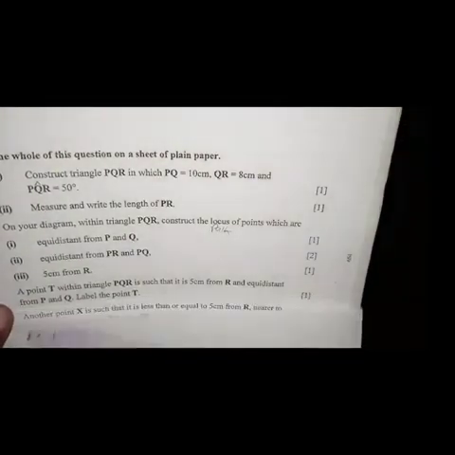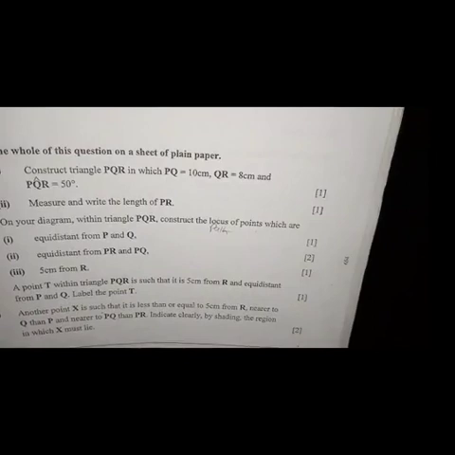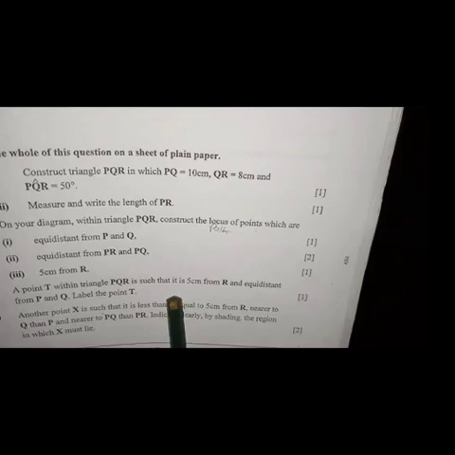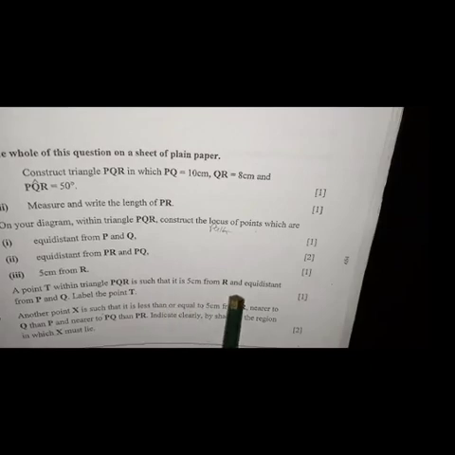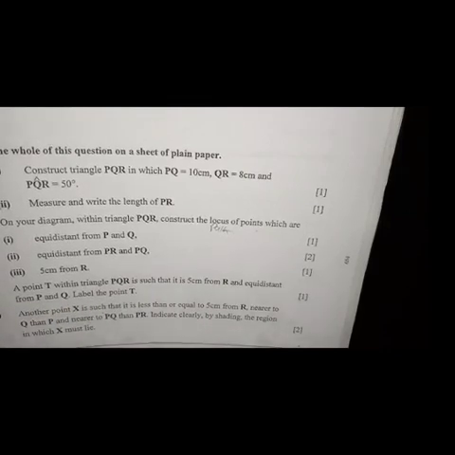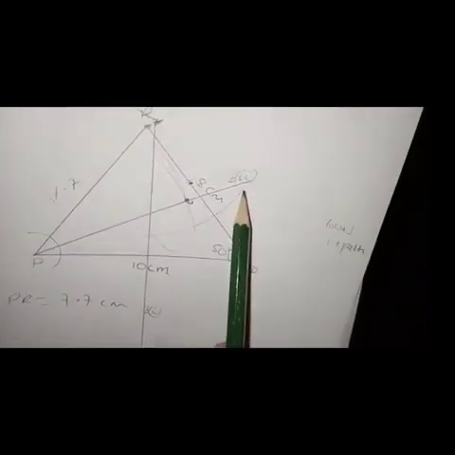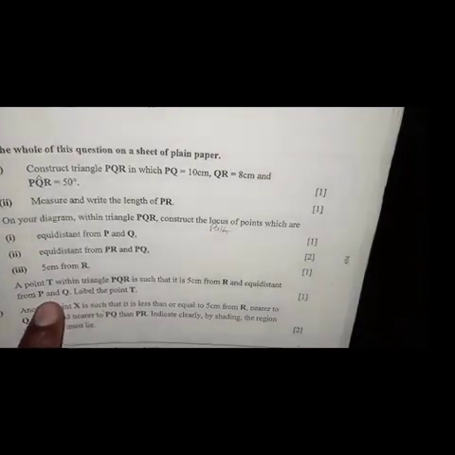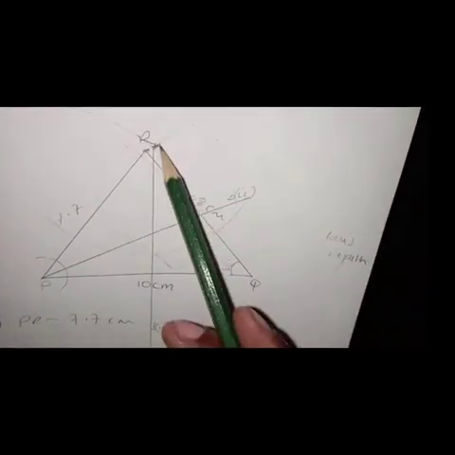This question is talking about a point T. A point T within triangle PQR is such that it is 5 centimeters from R and equidistant from P and Q. 5 centimeters from R was this locus, and also equidistant from P and Q, it was this line, remember?